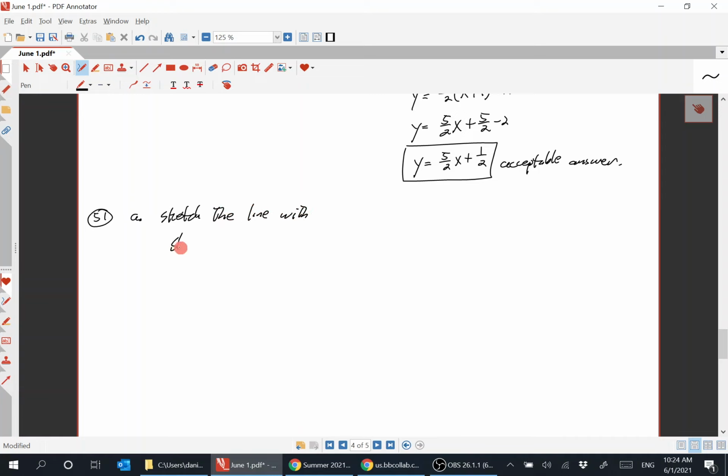With slope 3/2, passes through the point (-2, 1). Right?